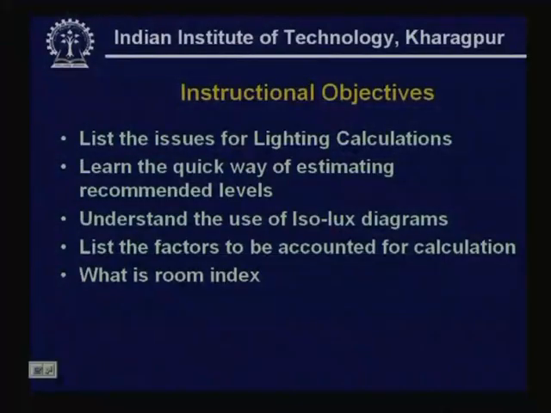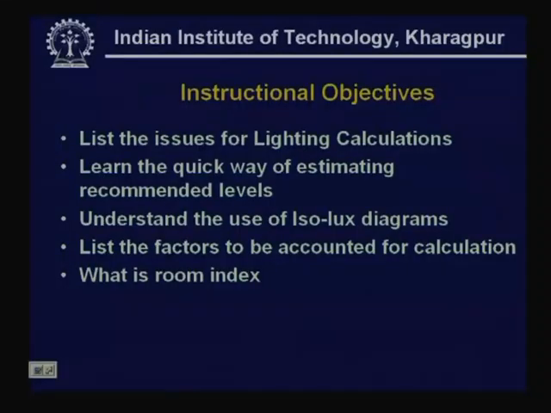What is room index? If you consider interior lighting, we talk in terms of what we call room index. In no application a single lamp or single light system does the required function, and therefore, there could be an array of lamps.